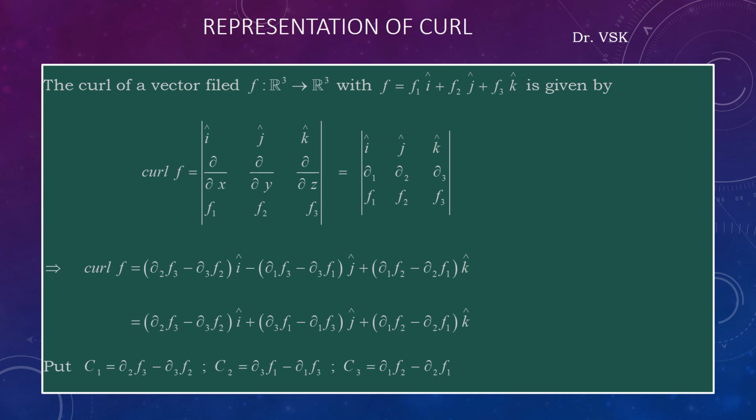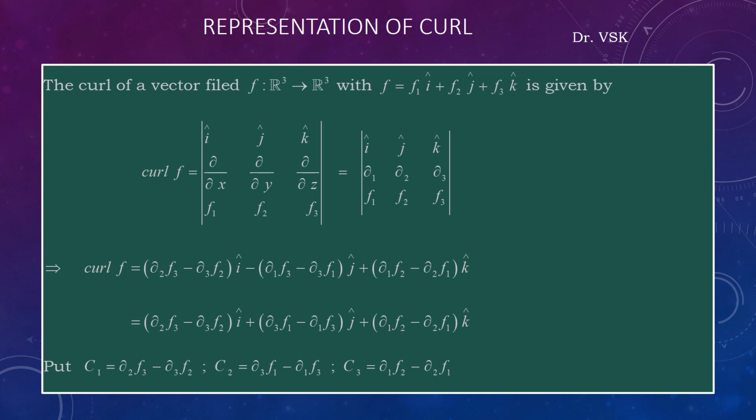In the second term, multiply the expression in the brackets with the minus sign. So curl F equals i cap times (∂2 F3 minus ∂3 F2) plus j cap times (∂3 F1 minus ∂1 F3) plus k cap times (∂1 F2 minus ∂2 F1).